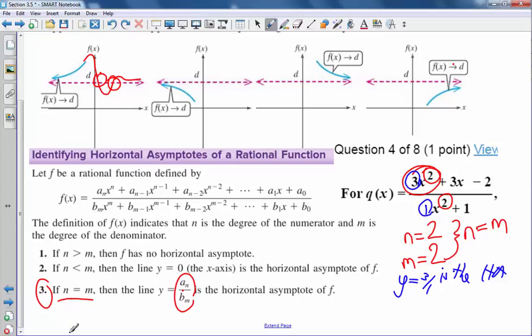But if they are equal, this is the part that requires the most work. If they match, you need to compute HA by taking these two numbers in front, which in this case is 3/1 or simply 3. That's it.